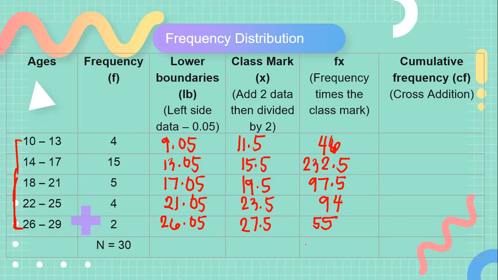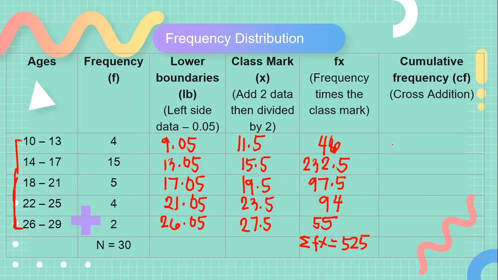So we add them all, our summation fx is equal to 525.